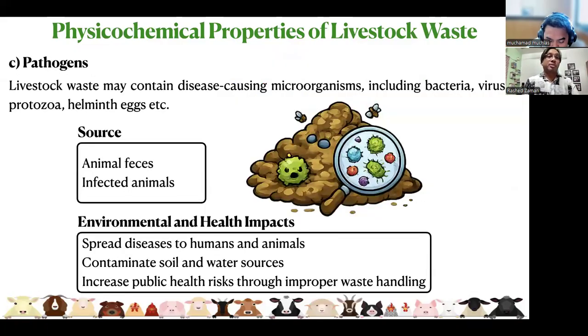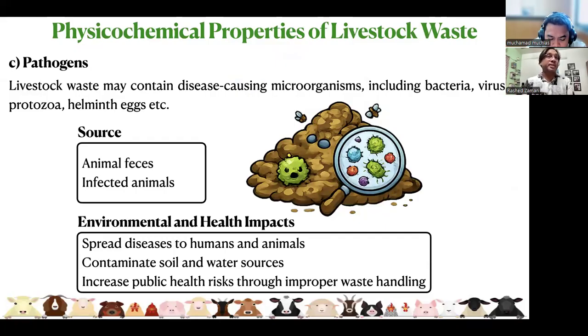Now, the pathogens. Because the livestock waste sometimes also contains some harmful disease-causing pathogens. For example, bacteria, viruses, protozoa, helminth eggs, etc. Now, the source is animal feces. From infected animal feces, they can go to the waste.